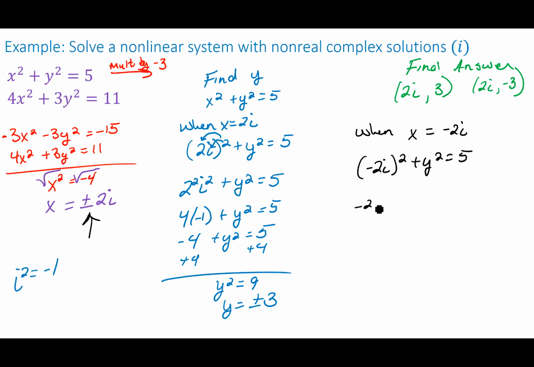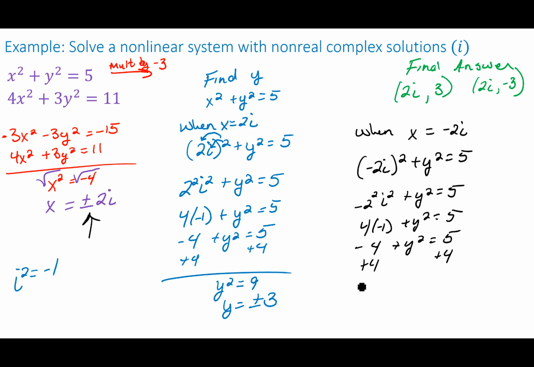And so this is -2 squared i squared plus y squared is equal to 5. This becomes a 4 times -1 plus y squared is equal to 5. -4 plus y squared is equal to 5. Add 4 to each side. Y squared will equal 9. And so y again is plus minus 3.